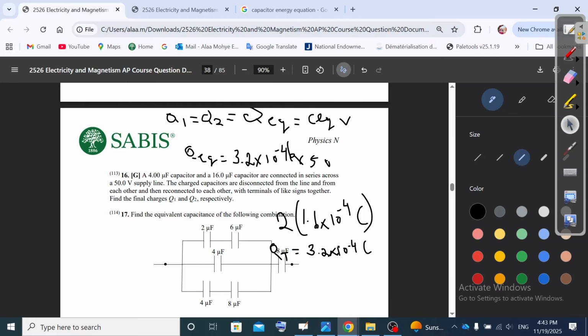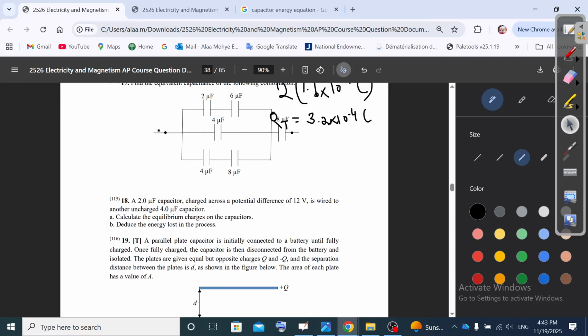Then in parallel, your V1 equals your V2 equals your V. This is a property you know from grade 9. So your Q total is now C1V plus C2V, because the capacitance now will be additive.